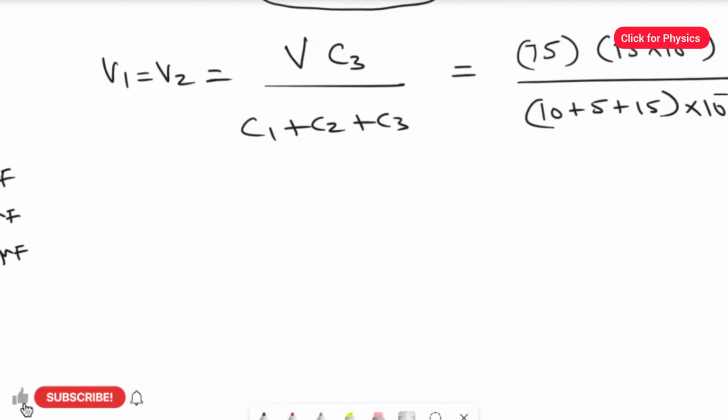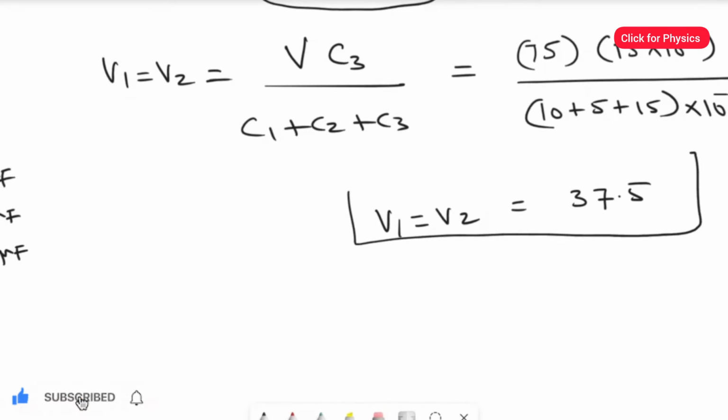So let's see what the answer will be. Here I got the answer for V1, which is equal to V2, is equal to 37.5. So that means V1 and V2 take the same value. Why? Because V1 and V2 are arranged in parallel.